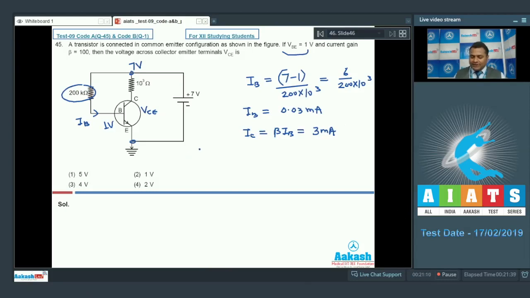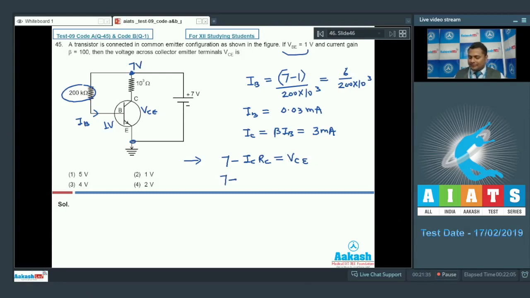Now let us calculate VCE. Start traveling from this 7 volt written in the question on board and proceed toward the collector. So if we apply KVL, Kirchhoff's voltage law, we will get 7 minus ICRC. We finally reached VCE, so that is equal to VCE.